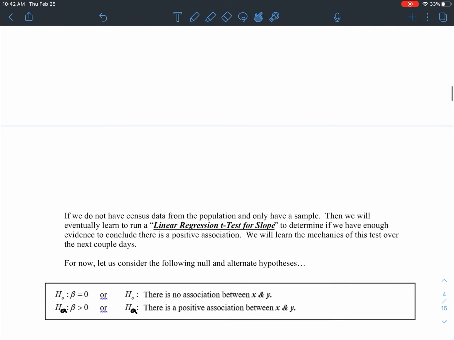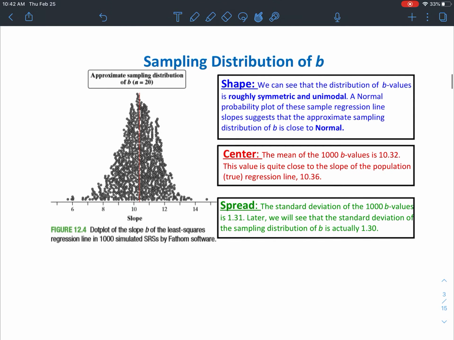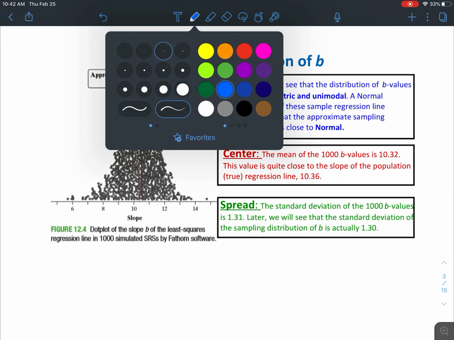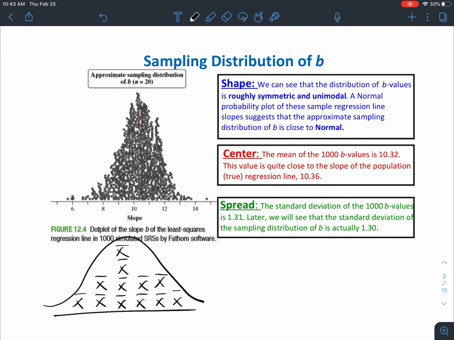So what I want you to think through here, and I'm just going to draw this, you don't have to, is this idea that if you were to gather samples and calculate their sample means and do this enough, the shape is approximately normal, and the center of that sampling distribution is where you could expect the mu value to be located.